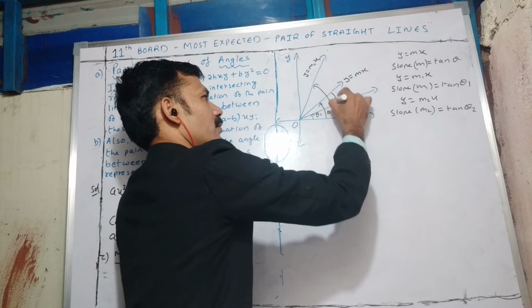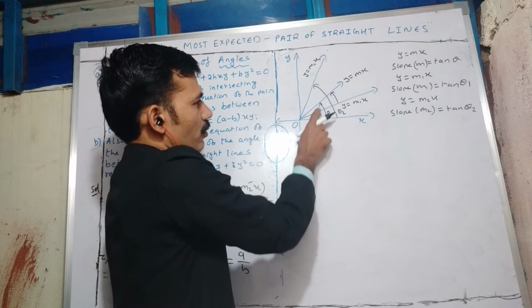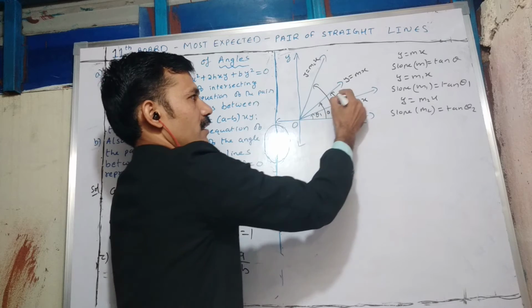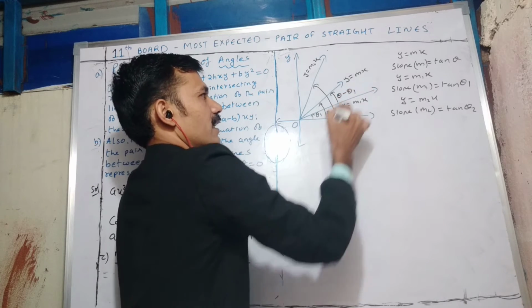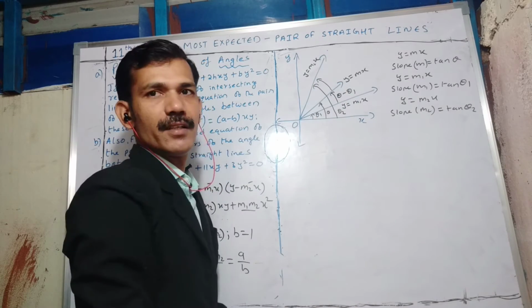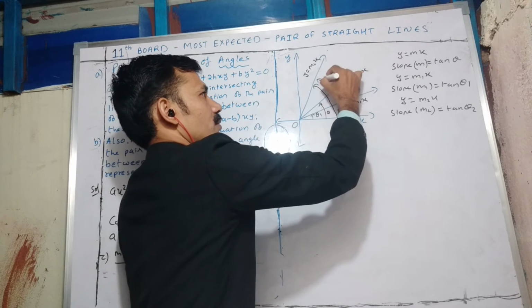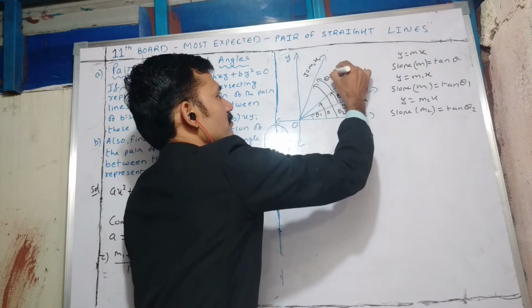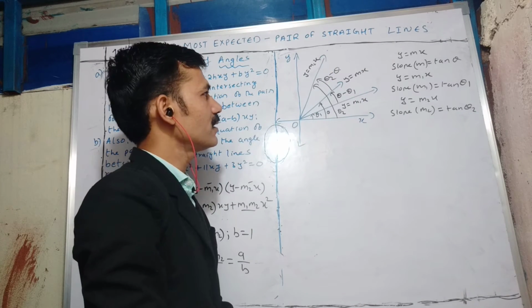Okay, then what will this be? See, overall up to here is theta; from this theta if you reduce theta 1, then you get this angle. And how will you get this? See, the overall angle is theta 2. From that theta 2, we need to reduce theta.